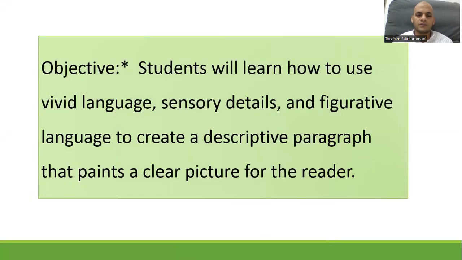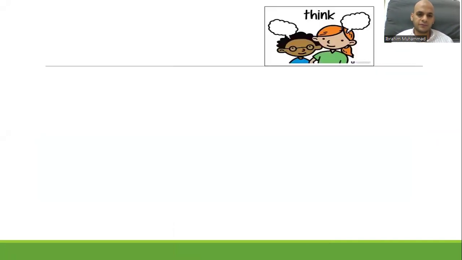In our lesson, we are going to learn how to use vivid language, sensory details, and figurative language to create a descriptive paragraph that paints a clear picture for the reader.